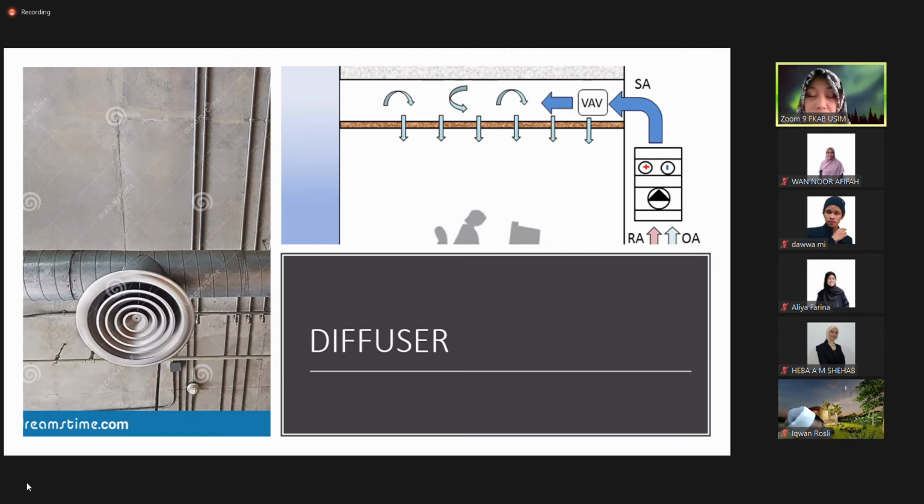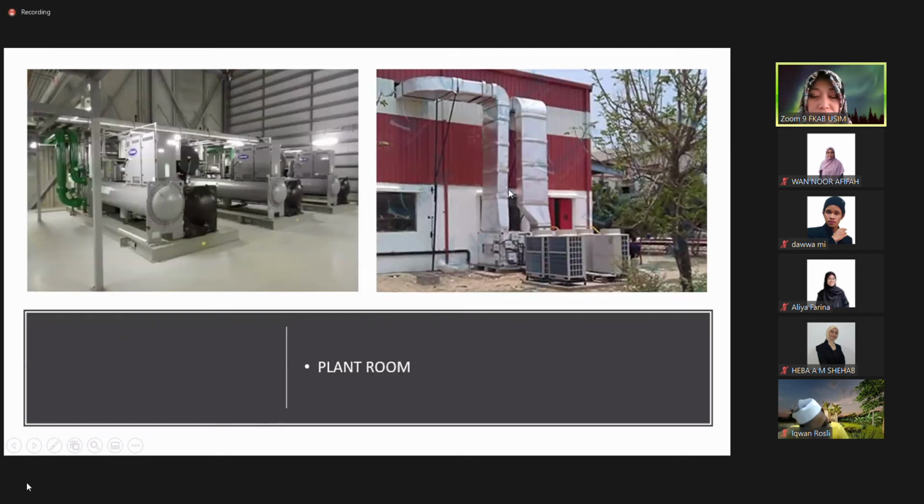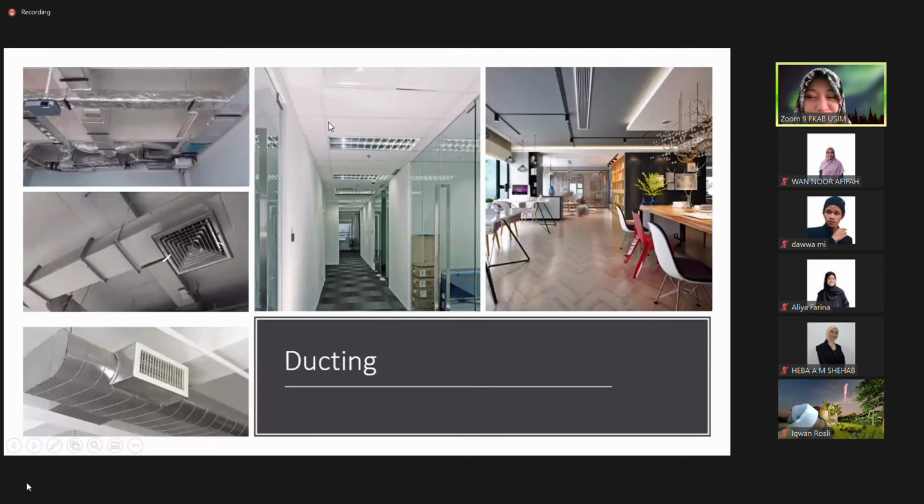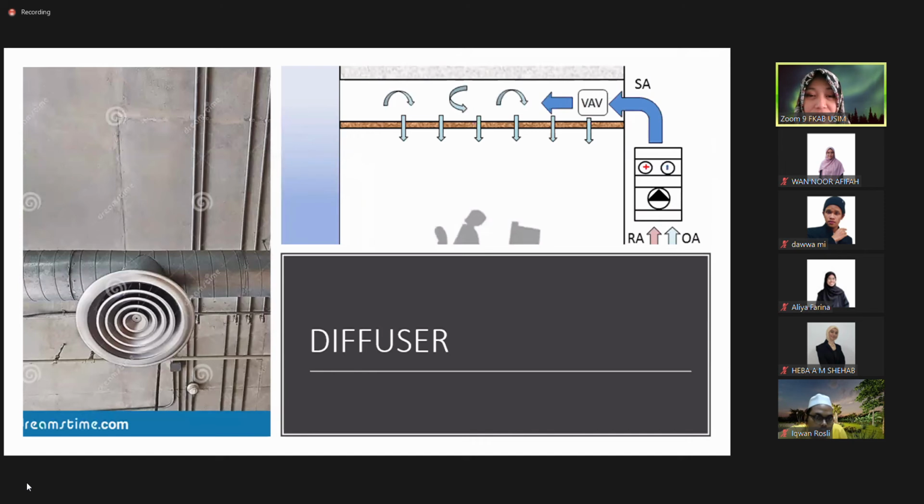Now you know deeper, not all the items. This is Econ. Previously you said this is Econ. This is Econ also. Okay, you need to understand the components now. So this is the diffuser, one of the components to make the air blow in the area.